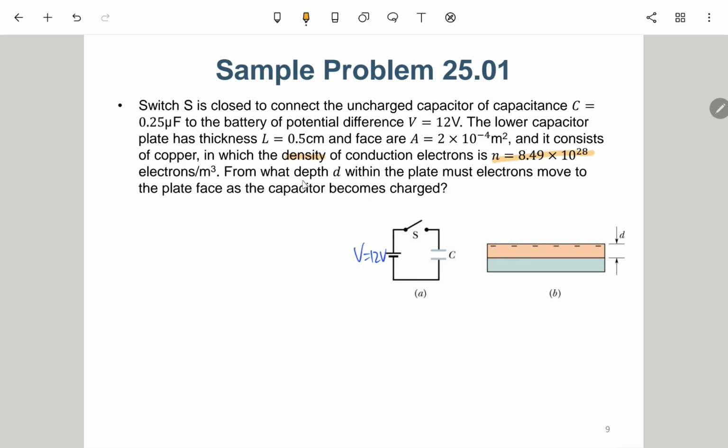From what depth D within the plate must the electrons move to the plate face as the capacitor becomes charged?